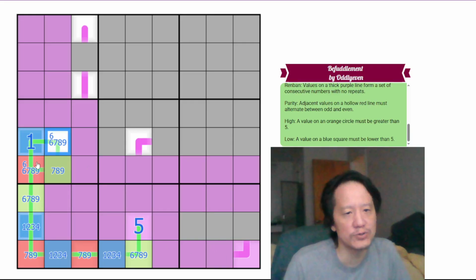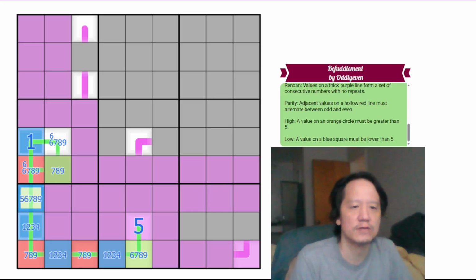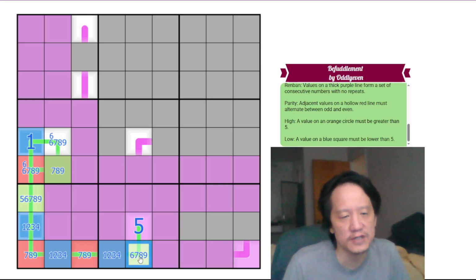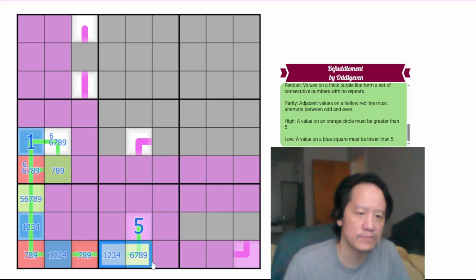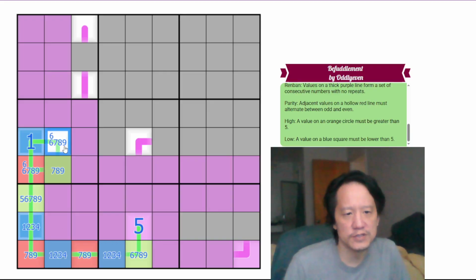The 6 doubled in value. I guess this could be a 5, technically. That could be a 5. This is not a 5. Okay, so this is 6, 7, 8, 9 in value, right? Because these cannot be... This is a high.